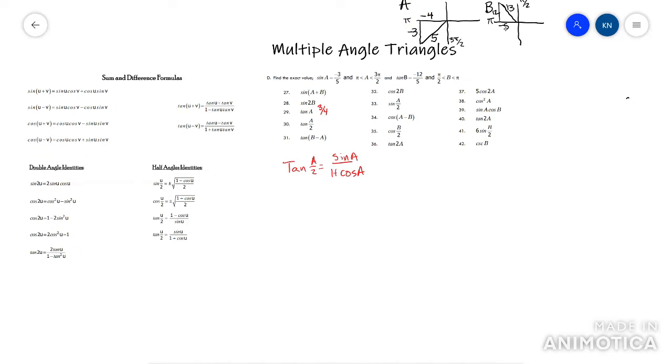And so you just write the equation down, and then you just got to find sine of A, which is y over r, so -3/5, over 1 plus cosine A. Cosine A is x over r, so -4/5.